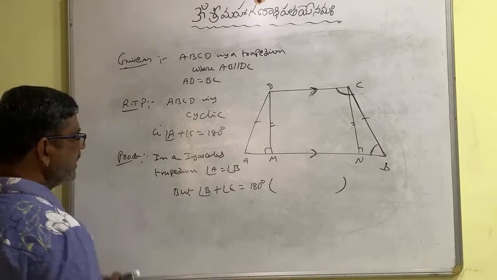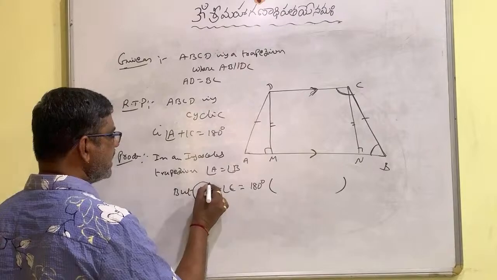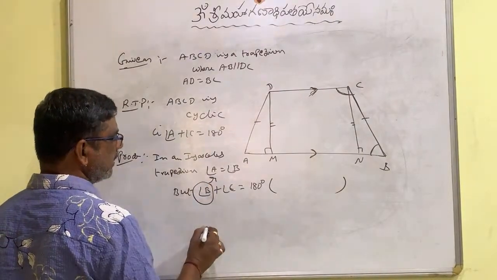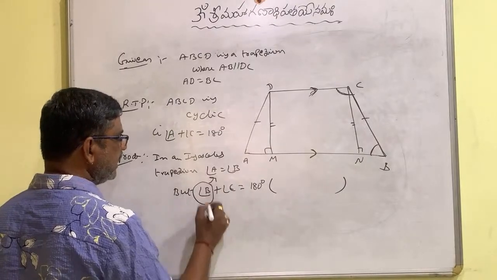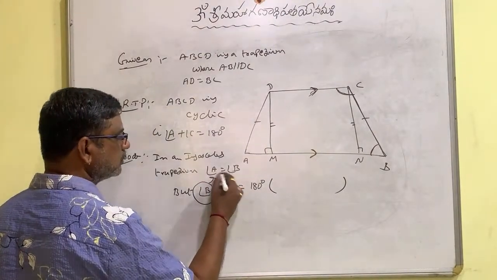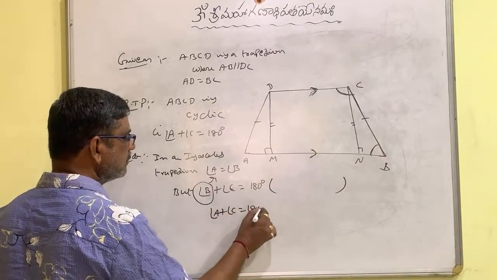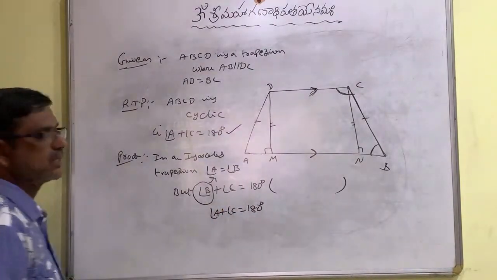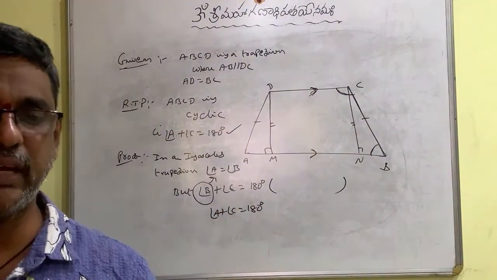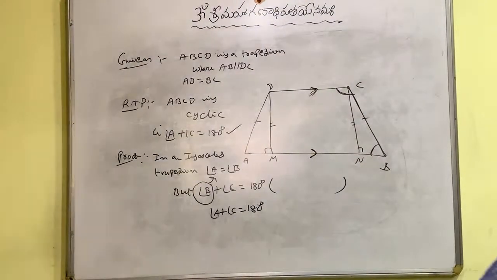Now see here, I am replacing angle B with angle A because they are equal. Angle A plus angle C is 180. So, since the sum of opposite angles is 180, the quadrilateral is cyclic.